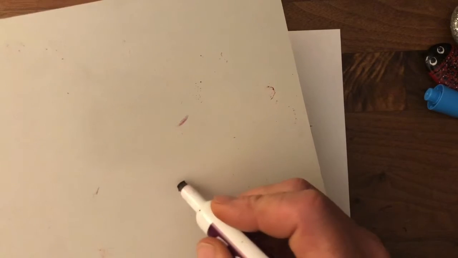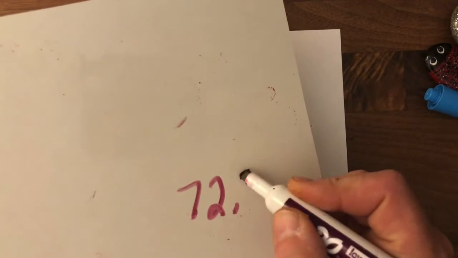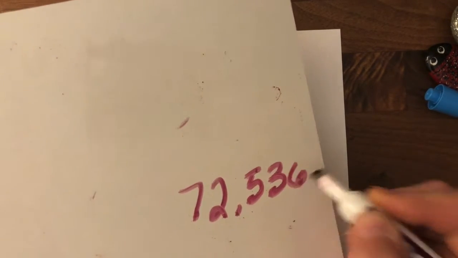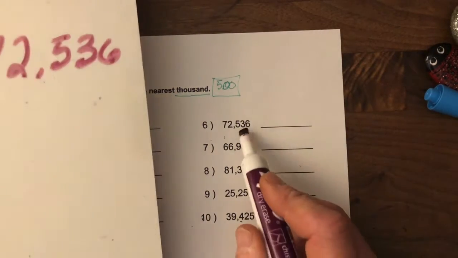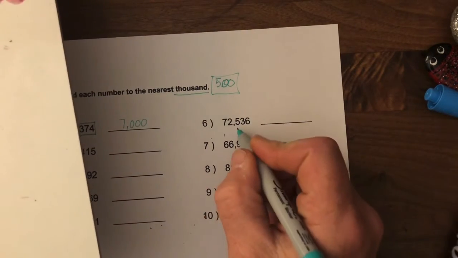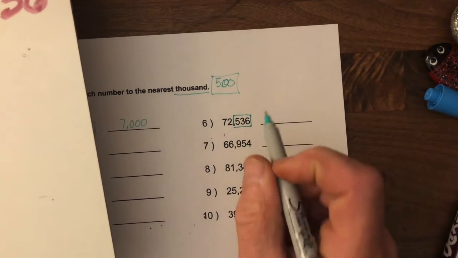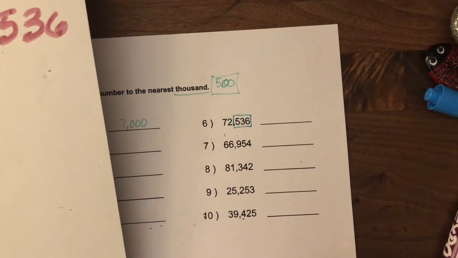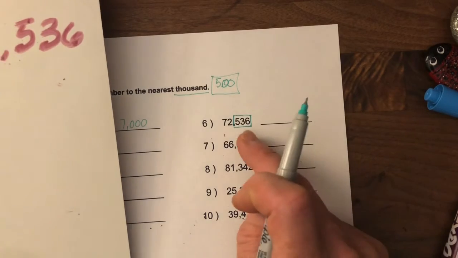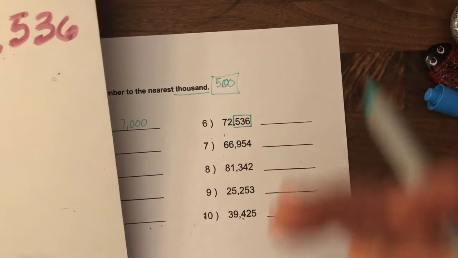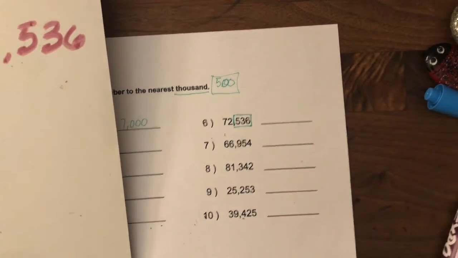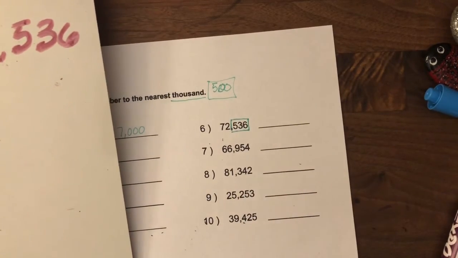So I'm going to write that down. Okay, got that down. So right off the bat, I see 536. Is that larger than 500 or smaller? That's what I asked myself right away. And I know that 536 is higher than 500. So I know I'm going to go up this time, okay?